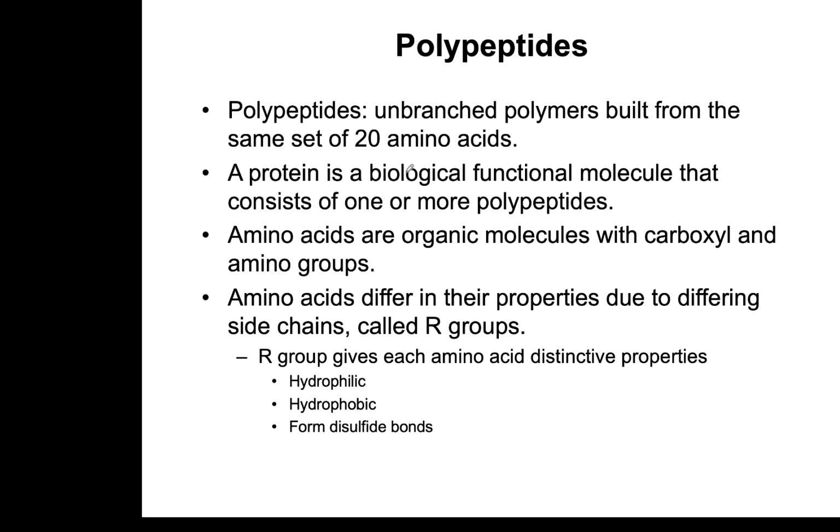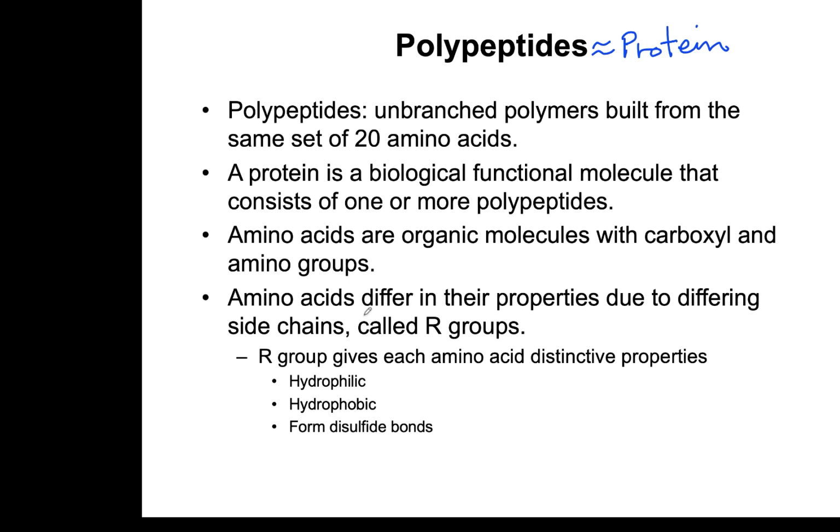A protein is a biological functional molecule that consists of one or more polypeptides. Polypeptide has a similar meaning to a protein. Amino acid has a carbon, therefore an organic molecule with carboxylic and amino group.